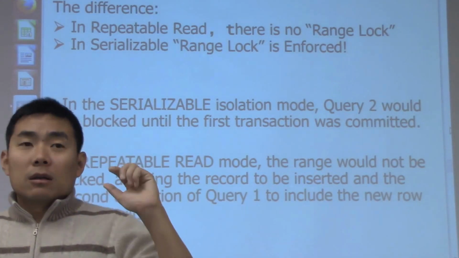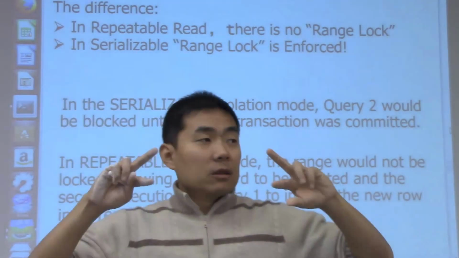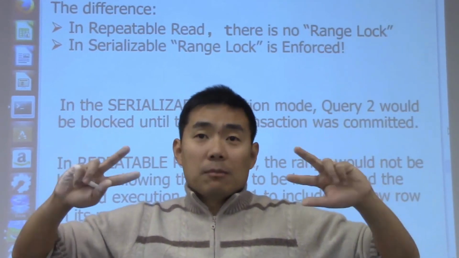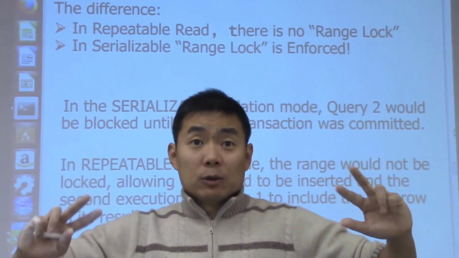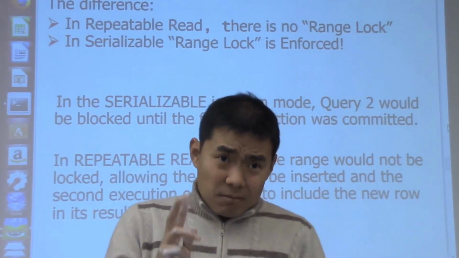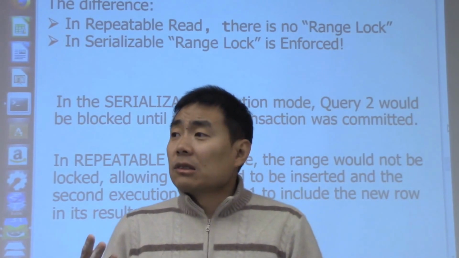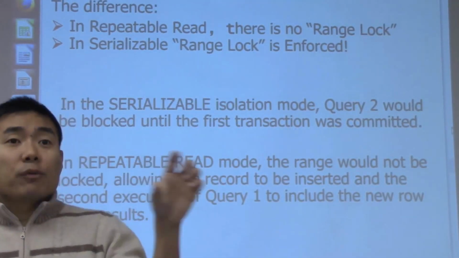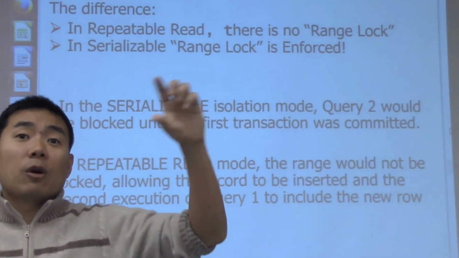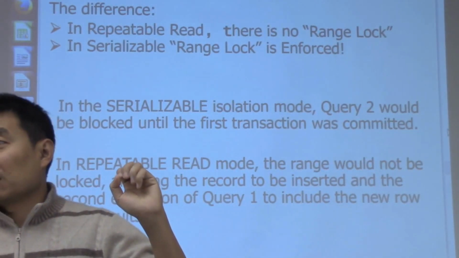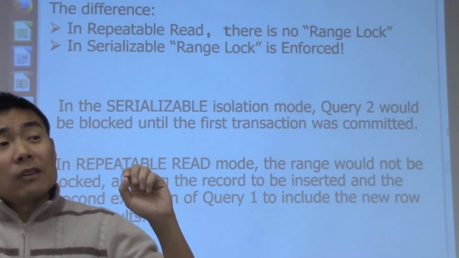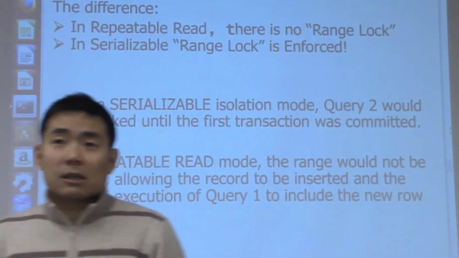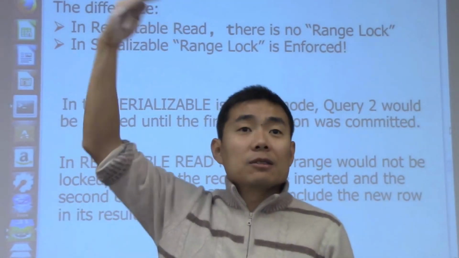Okay? In this class, I will only cover serializable and repeatable read because these two are the most popular isolation levels. By default, most database systems out there, I think almost 100% of them, are either in serializable isolation level or repeatable read isolation level. The other two isolation levels on top, going beyond repeatable read, do allow more concurrency.